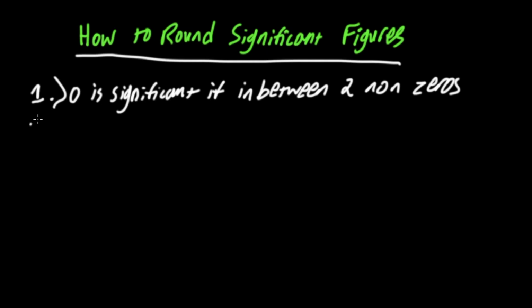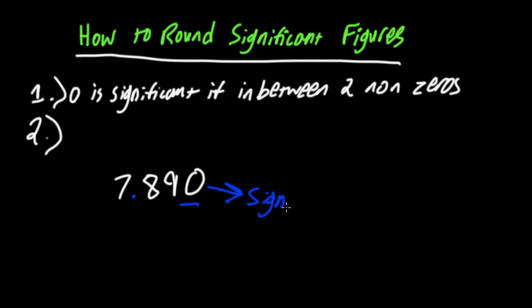If a 0 is at the end of a decimal, it is significant. So if you have the decimal 7.890, if that 0 is located on the end of the decimal, then it is a significant figure.